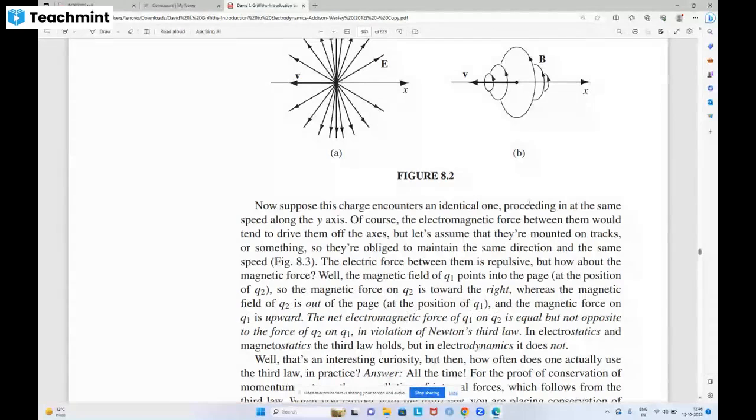And the magnetic force on Q1 is upward. And the net electromagnetic force of Q1 on Q2 is equal to but not opposite to the force of Q2 on Q1. We'll see in the next figure, in violation of Newton's third law. Electrostatics and magnetostatics obey the third law, but in electrodynamics it does not.